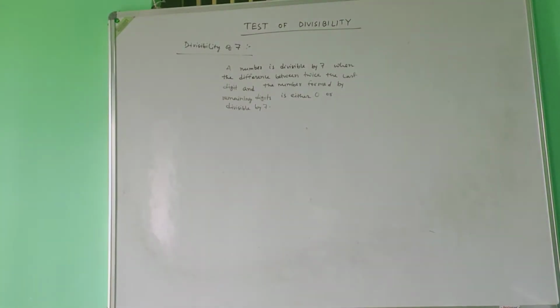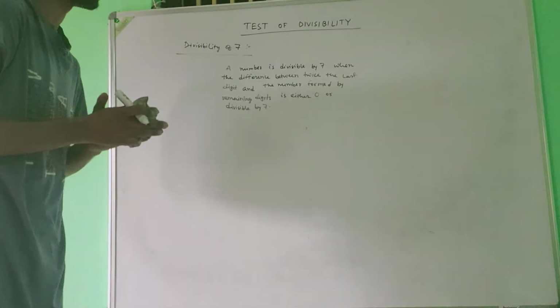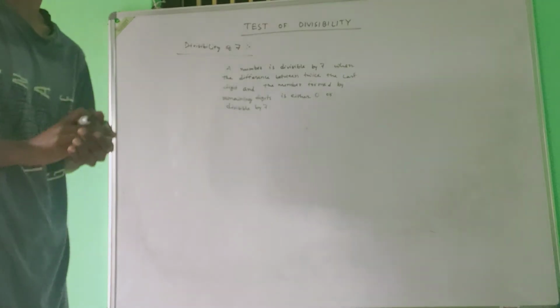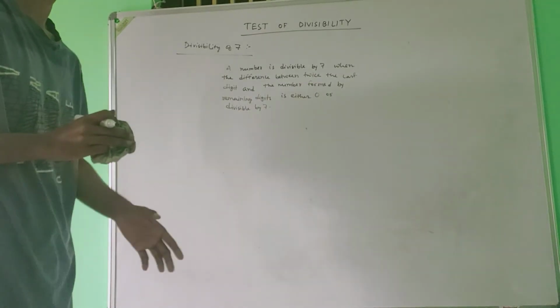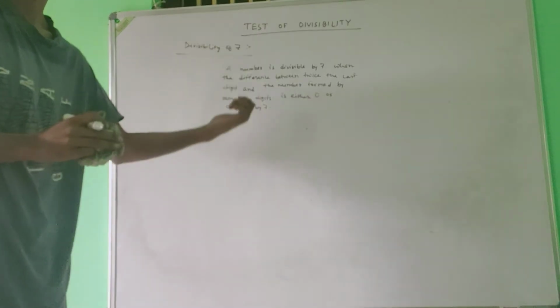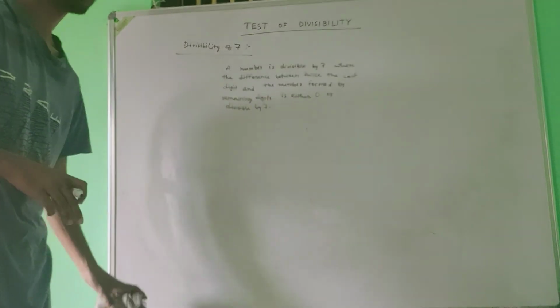So whatever number is given, it will be divisible by 7 when the difference between twice the last digit and the number formed by the remaining digits is either 0 or divisible by 7.